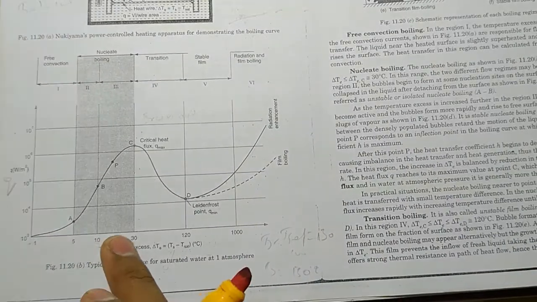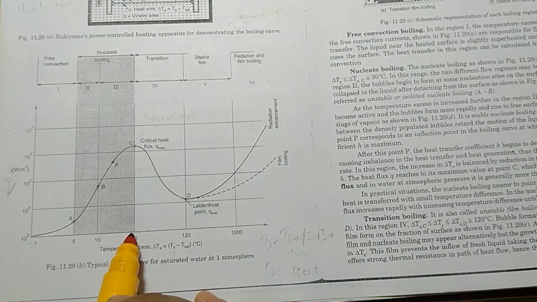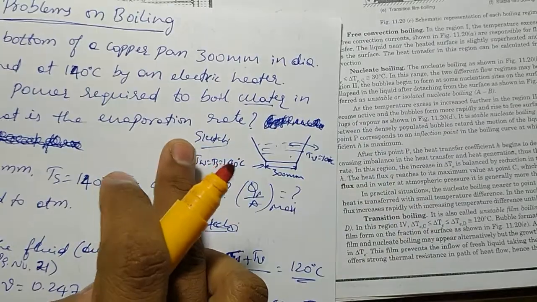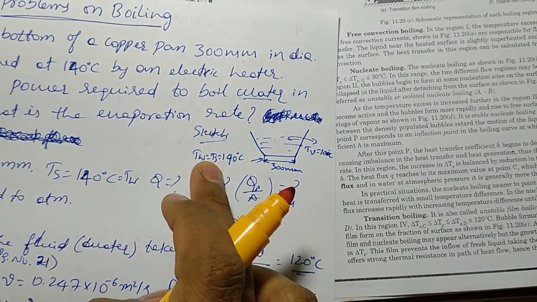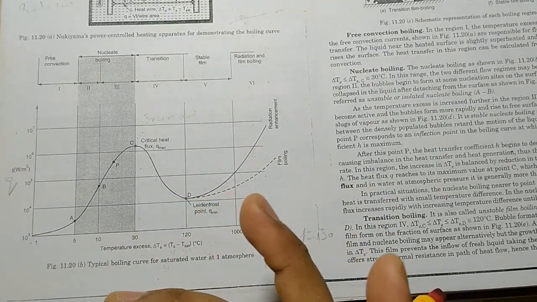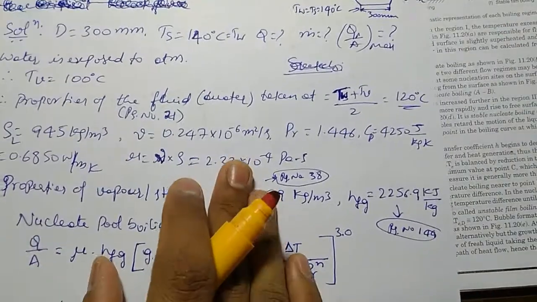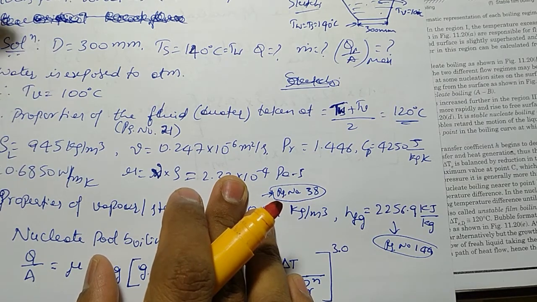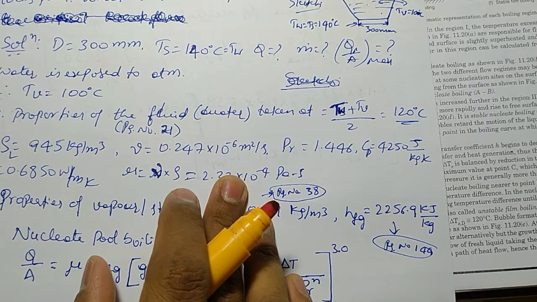Here you can ask, sir, in the textbook it is given that Ts minus Tsat is up to 30 degrees centigrade, but here T wall minus T sat you are getting 40 degrees centigrade. In some problems the data may vary, but don't get confused. Whatever data is given in the problem, you just take those data to calculate the unknown things.